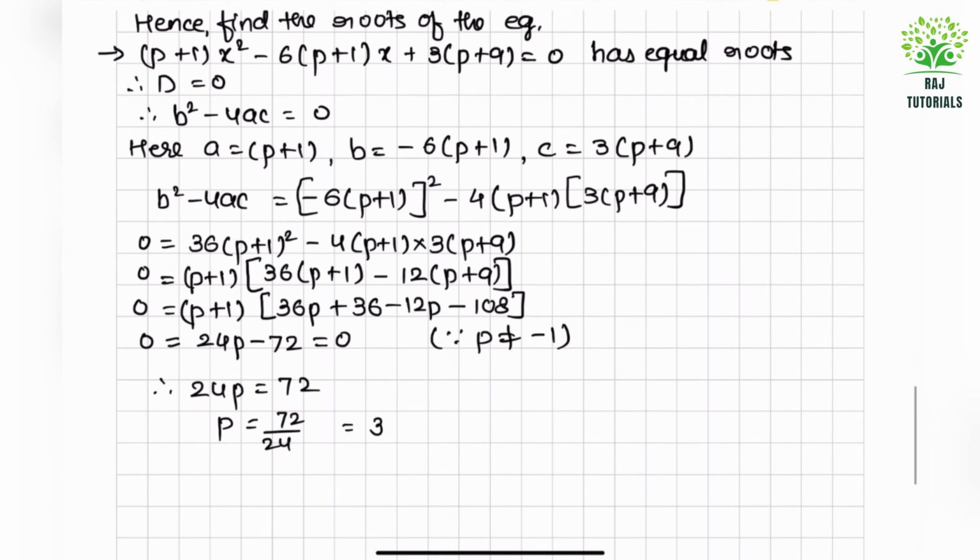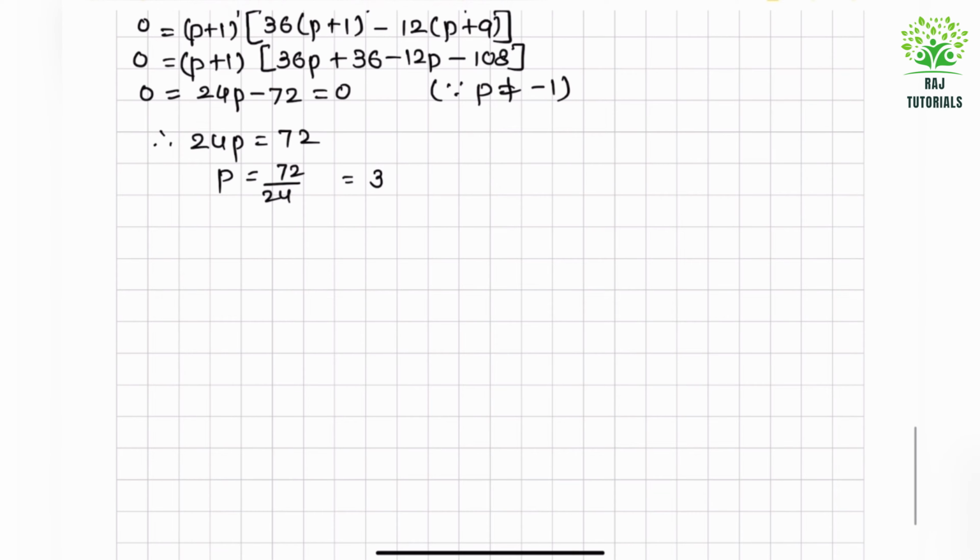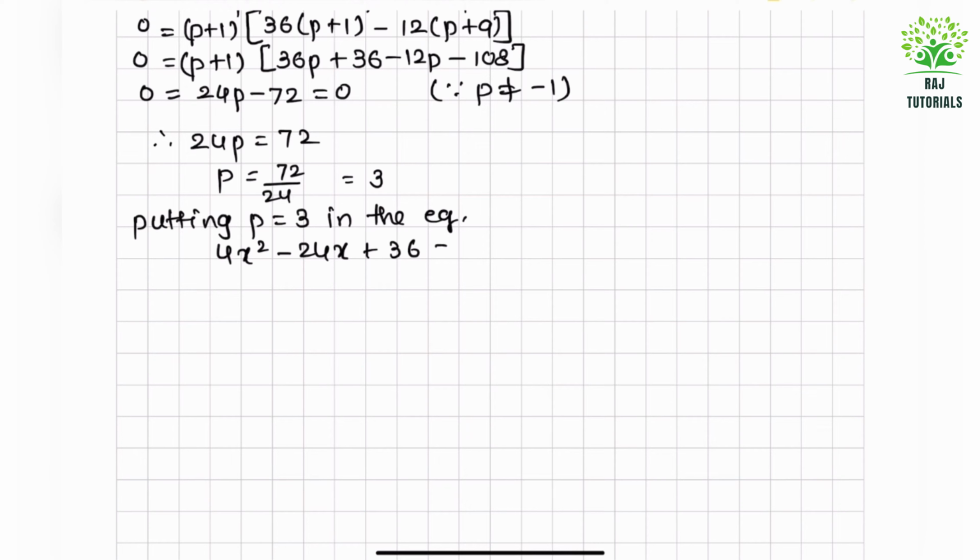Now putting p = 3 into the main equation, 4x² − 24x + 36 = 0. Dividing by 4, x² − 6x + 9 = 0. So (x − 3)² = 0.